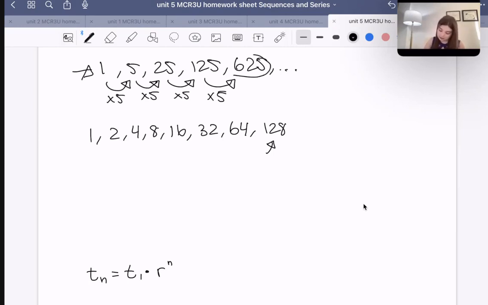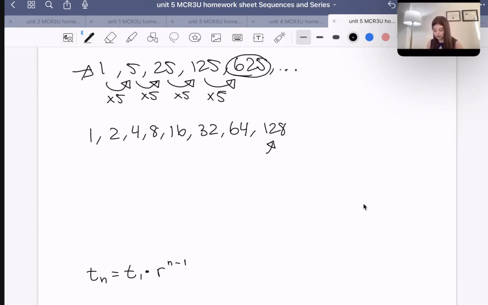Let's say we wanted to know the fifth term, which we know is 625, but let's say we wanted to calculate it. We could plug this in and say, the first term is 1, and the ratio is 5, so 5 to the power of 5, or sorry, n minus 1. My apologies, it should have been n minus 1.